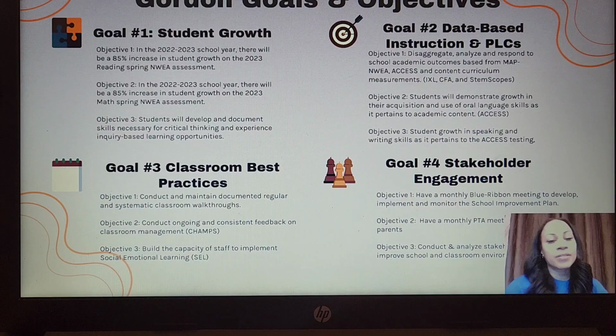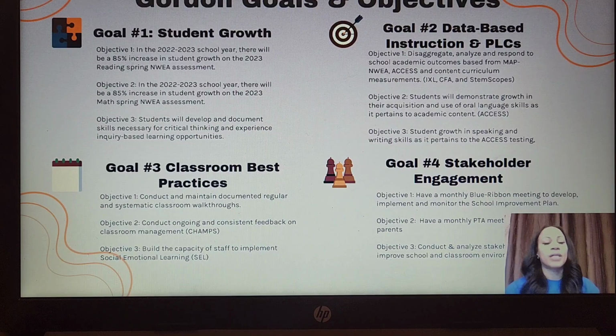Gordon also is top-notch with their stakeholder engagement. They have a monthly blue ribbon meeting to develop and monitor their school improvement plan. They have a PTA that is very involved, so they will have monthly meetings.